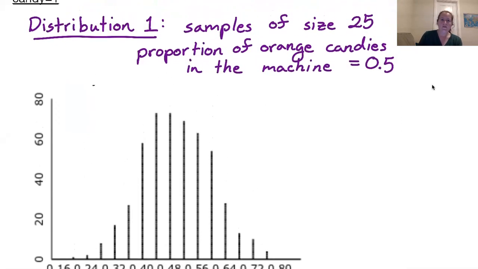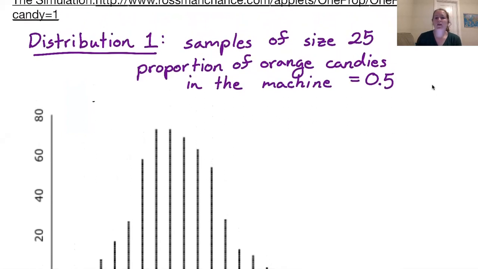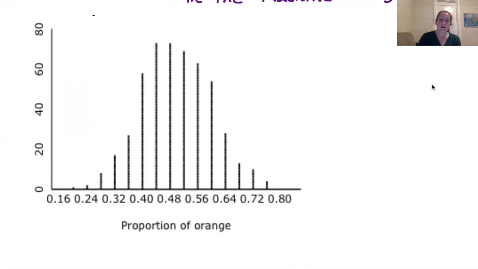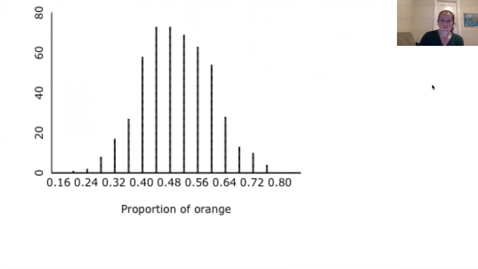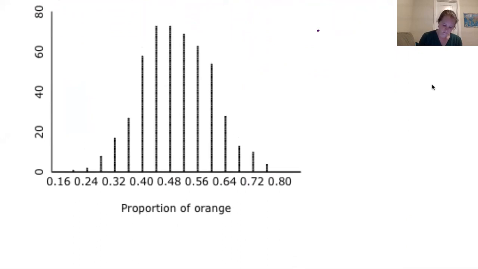All right. So again, distribution 1, we had our population proportion of 0.5, samples of size 25. And this was our distribution. So if we look at this, the center of our distribution is somewhere around 0.50.